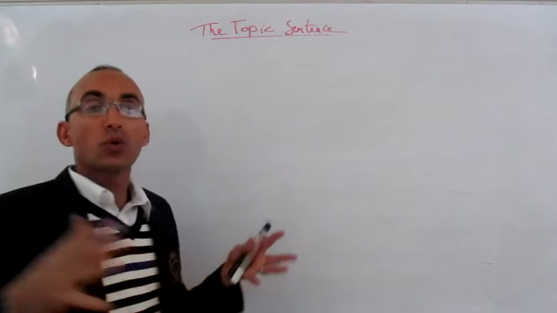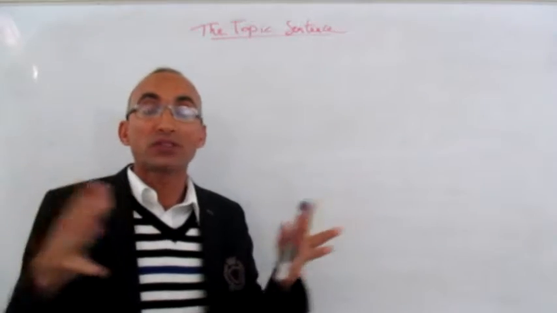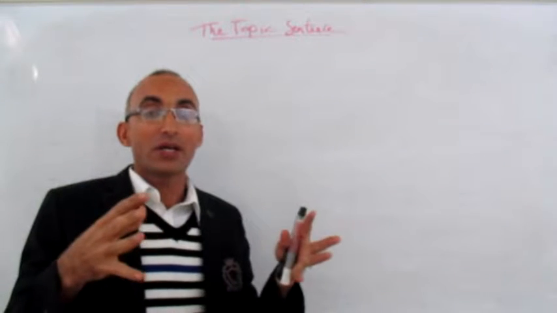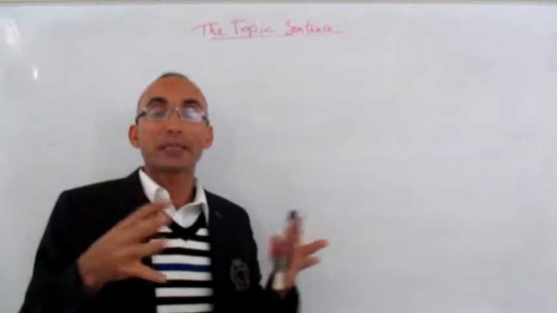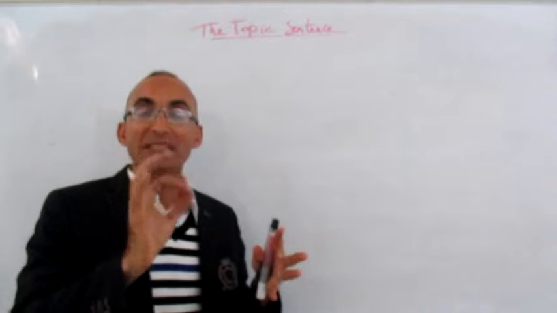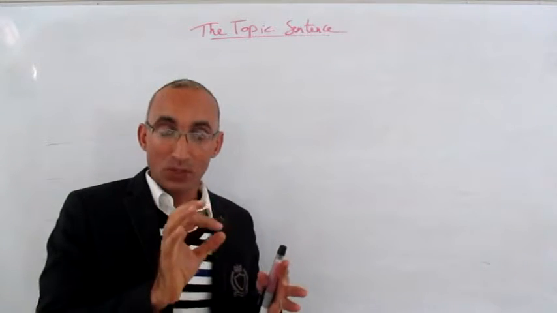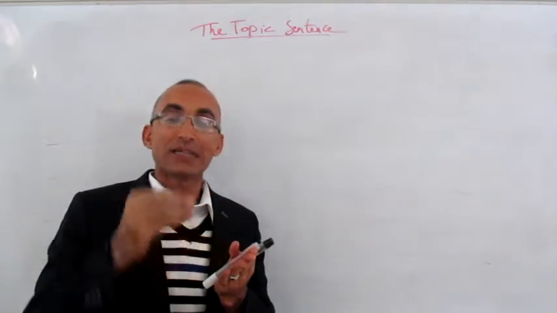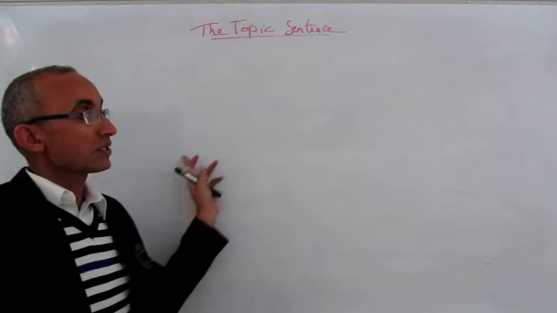That's why we have to narrow the topic down. We have to limit the wide and broad scope of this topic by specifying within it a specific idea or angle to focus on and develop within the body of the paragraph.